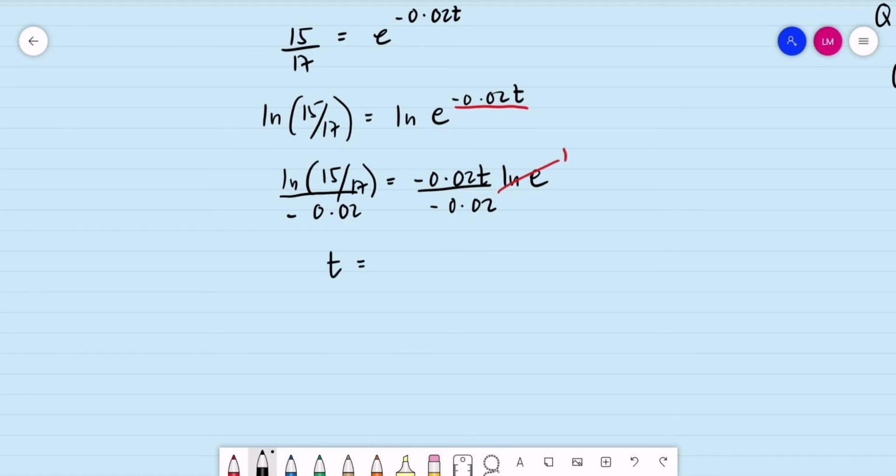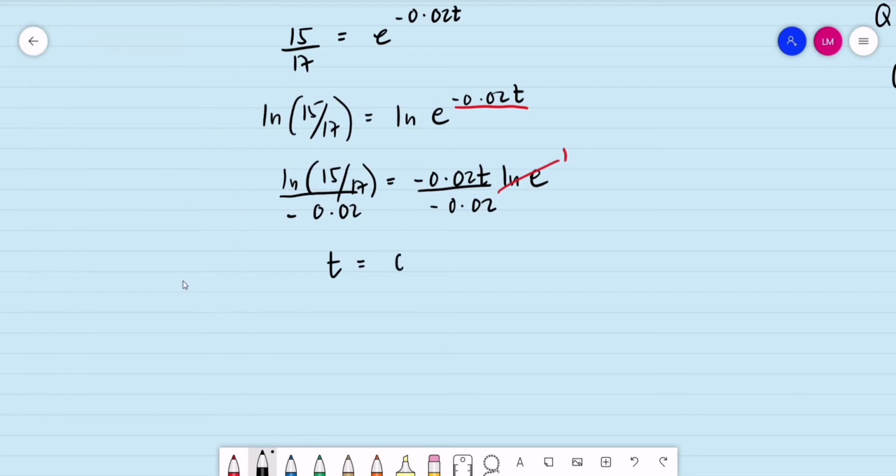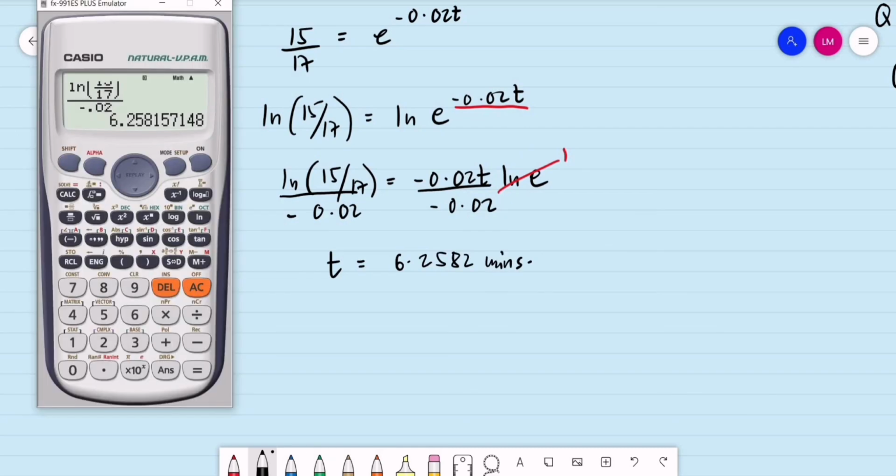So the time is equal to ln of 15 over 17 divided by negative 0.02, and that will be equal to 6.2582 minutes.